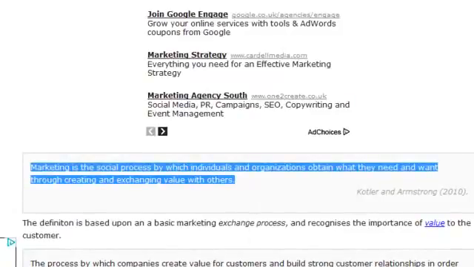Now, being as this one is our first definition of marketing, let's spend a few moments picking it to pieces just to find out exactly what it is constructed from. So, the first very important term here is social process.